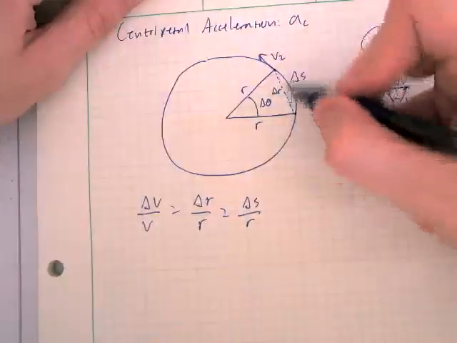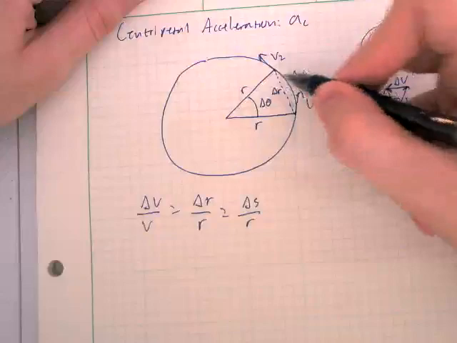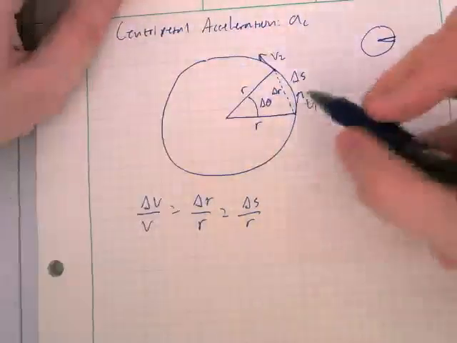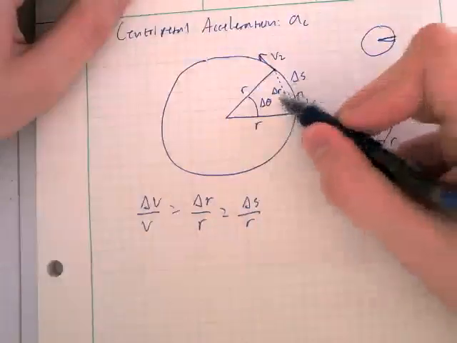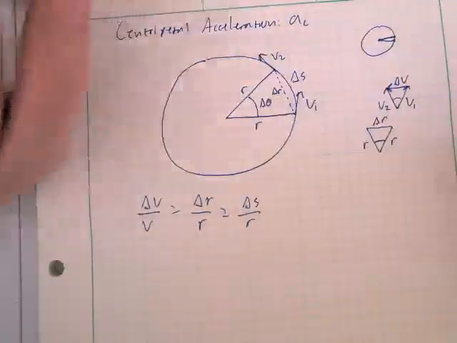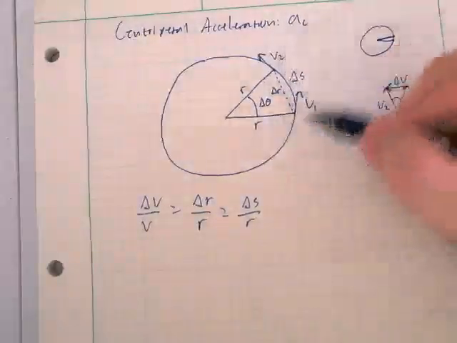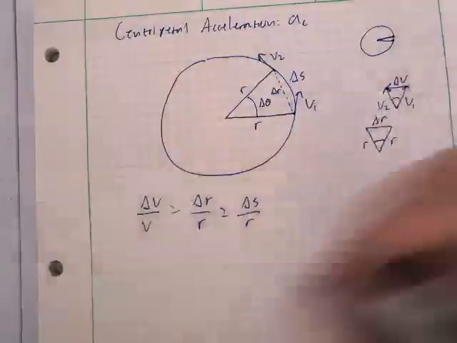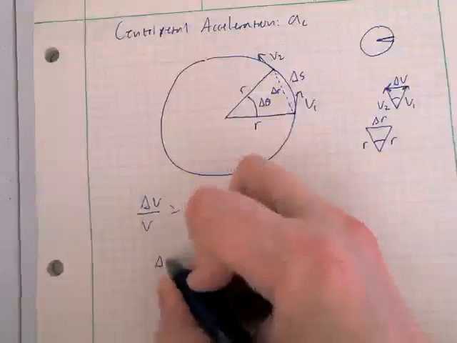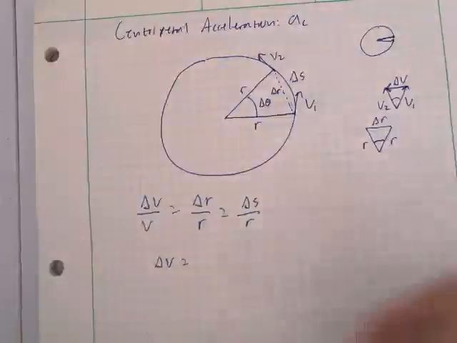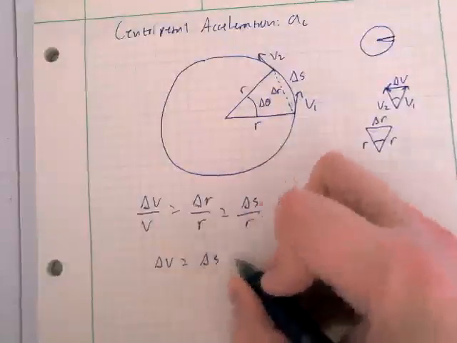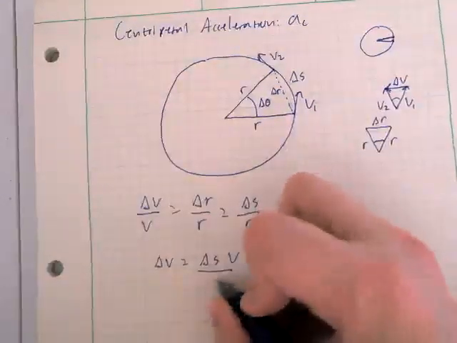So this diagonal length from one point to here and this arc length, as we shrink this triangle smaller, become the exact same length in that approximation, right? So when we do that, what we end up with is this. We have delta v over v equals delta s over r. So now I can write delta v is equal to delta s times v over r.